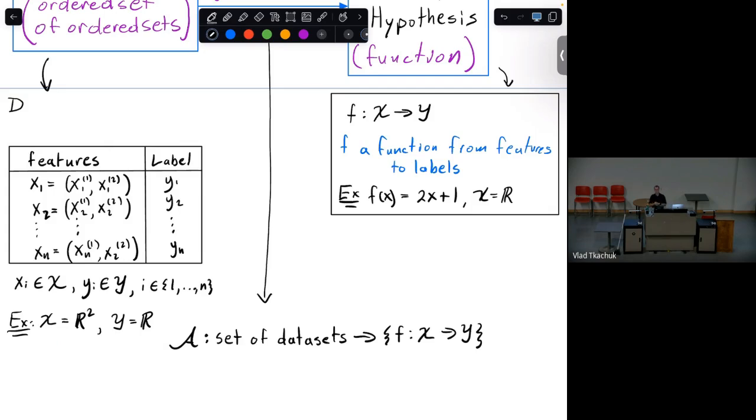We're going to call it D, a calligraphic D. An example of what it would look like: we just take everything in the table and put it in an ordered set. The first thing looks like x1, comma, y1. We put the second thing in there, which is x2, comma, y2, and up to the last thing.